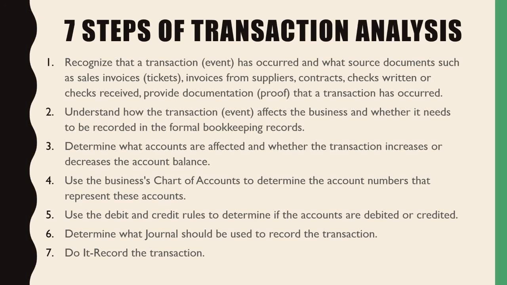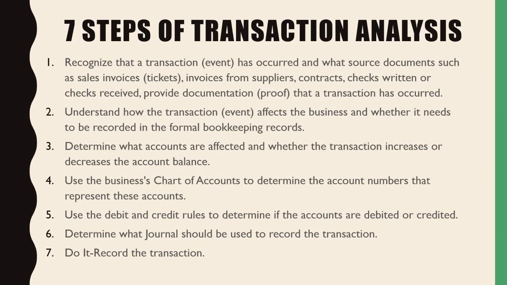But the main one that you want to be able to write down all your transactions in is the general journal. Okay? And then lastly, number 7, now that you've figured out everything that you needed to know, go ahead and journalize it into the journal.